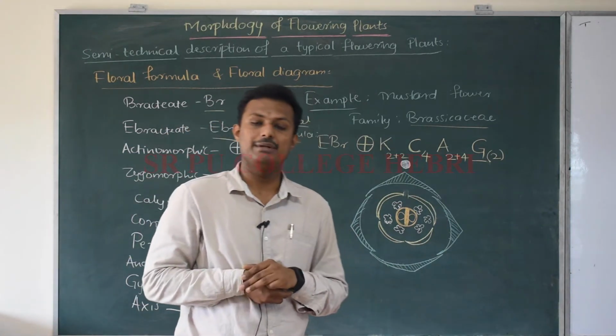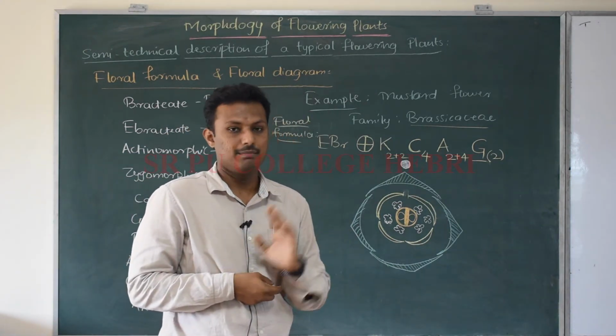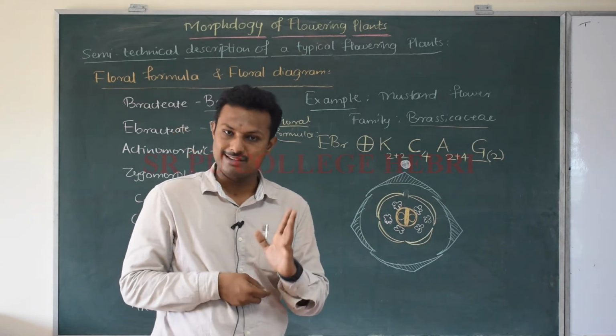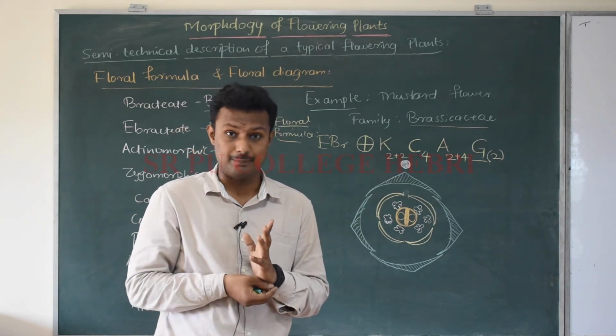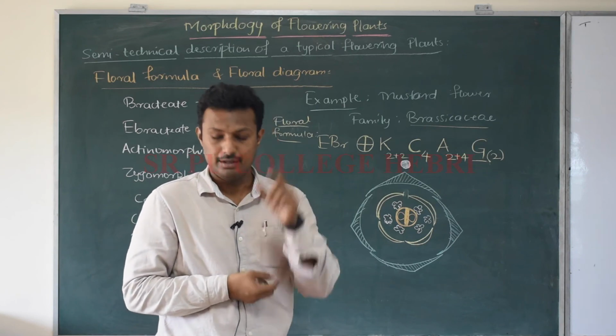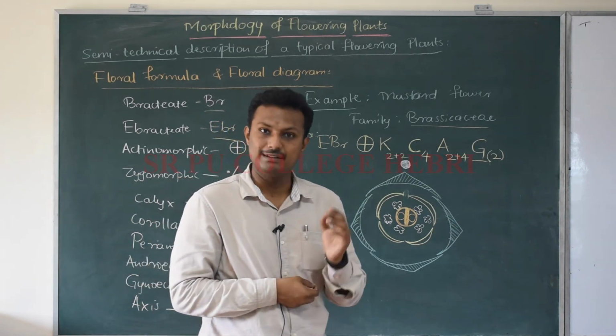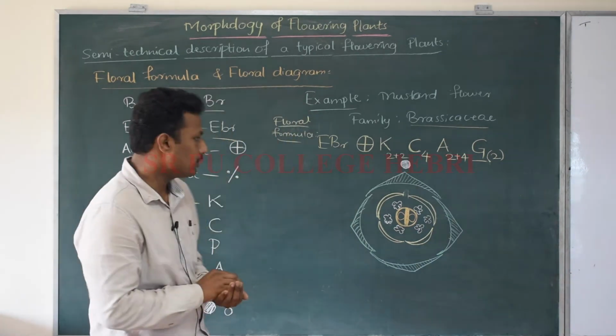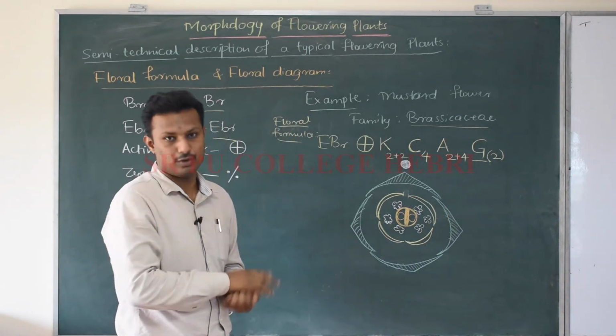In fact, for the NCERT syllabus there are three families. There is one more family called Fabaceae, the pea family, but that part of the syllabus has been deleted for this year.